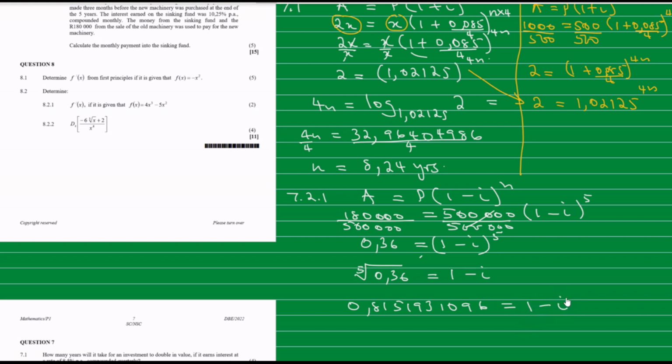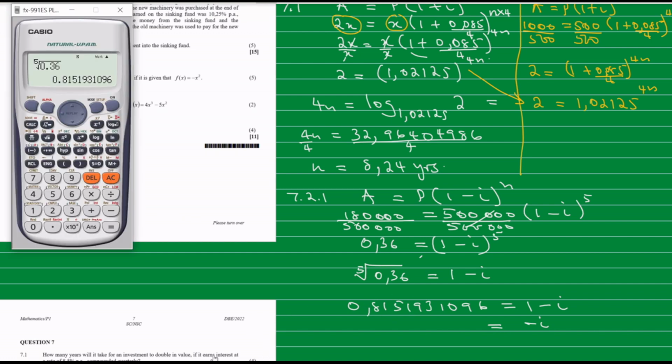And then we want our i, so subtract 1. So I'm going to have this number, subtract 1, which will give me a negative i there, equal to that number. So on my screen, I'm going to subtract 1, and then I'll get that value there, negative 0.18480688904.